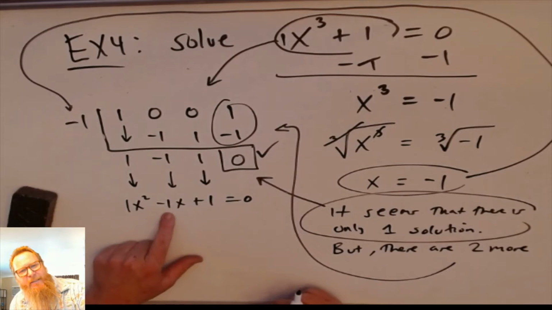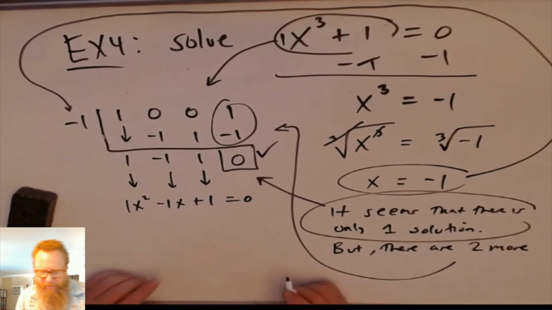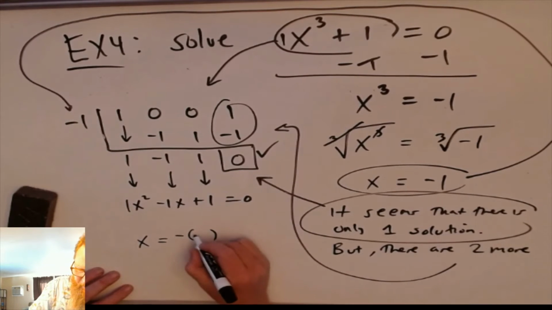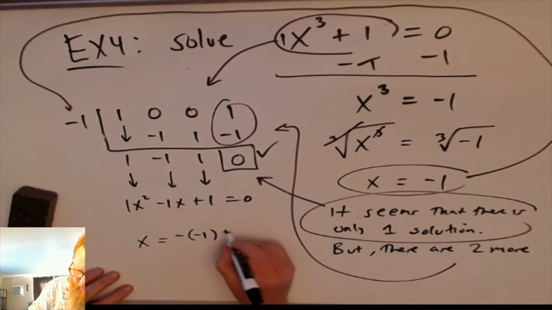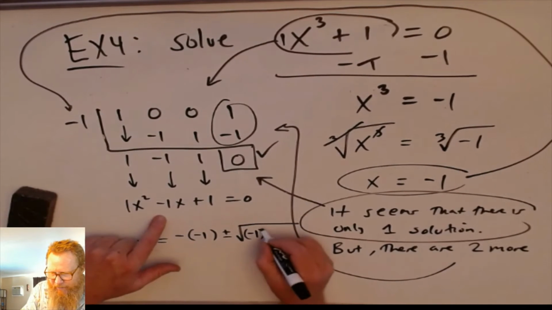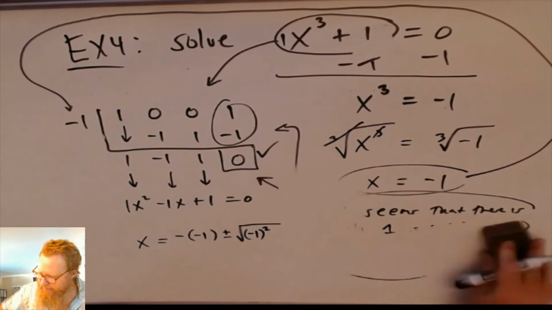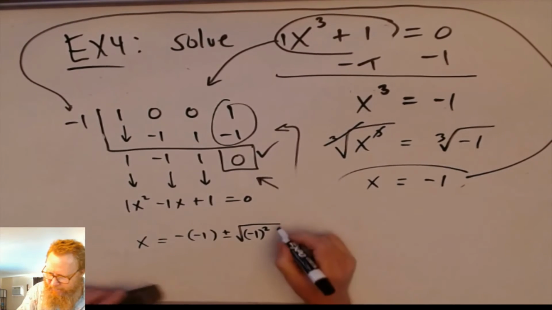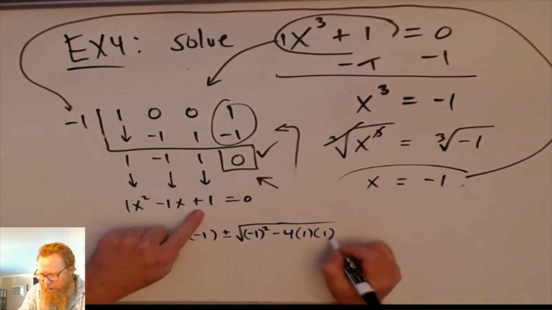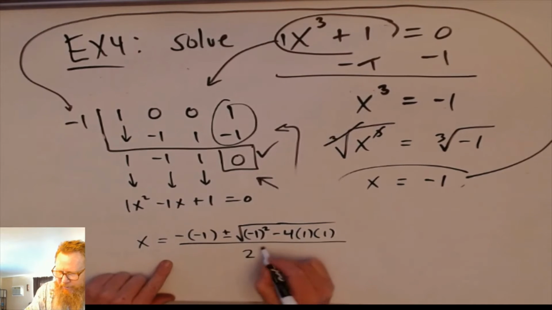Now this time, since the middle term is odd, I'm going to go ahead and stick with the quadratic formula. So I got x is negative 1 plus or minus the square root of negative 1 squared minus 4 times 1 times 1 all over 2 times 1.